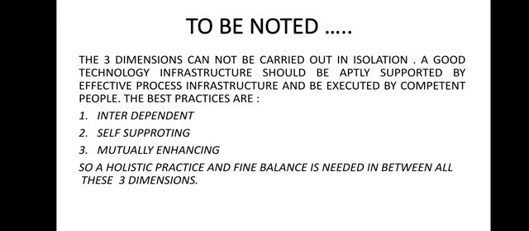So what will be the result? The best practices are interdependent, and the main thing is interdependency. The next thing is self-supporting, and the last one, which is also a result, is mutual enhancing. If there is a holistic practice and fine balance, then everything will be fine and our results will be fine.